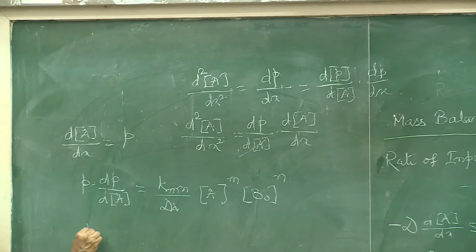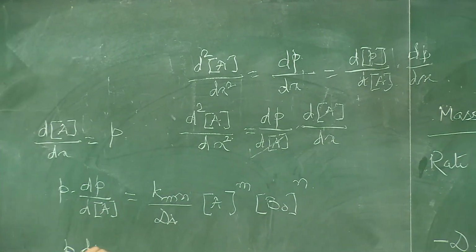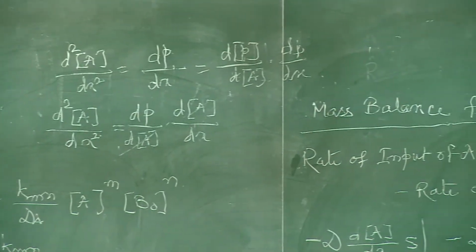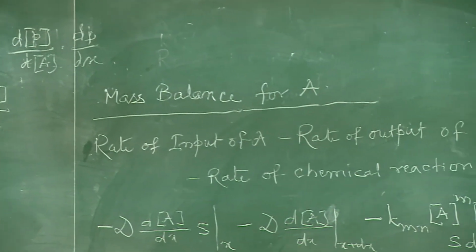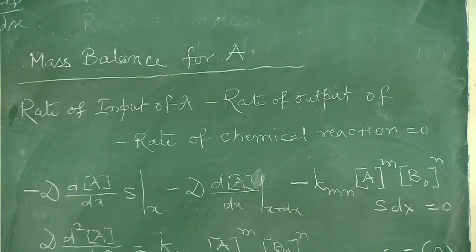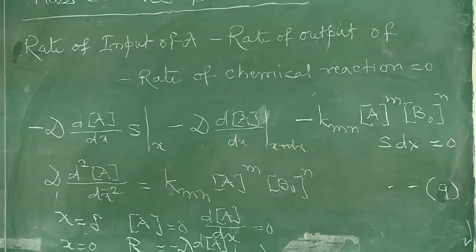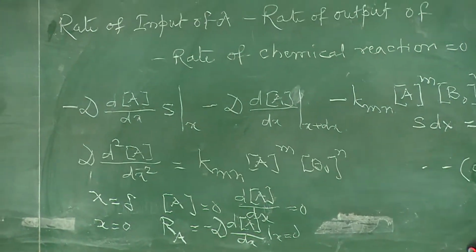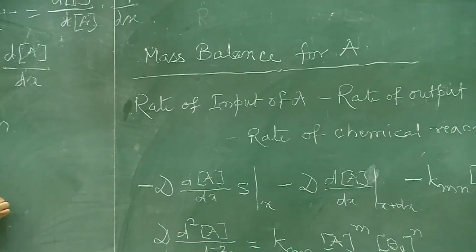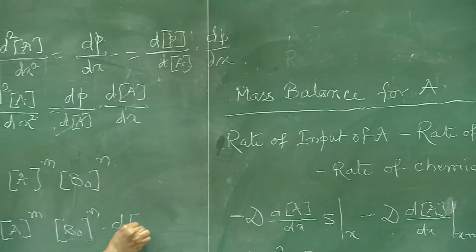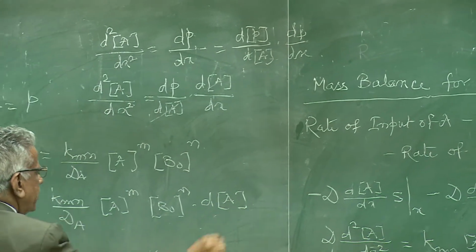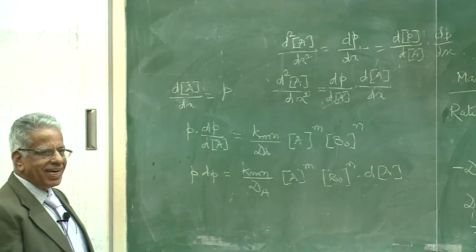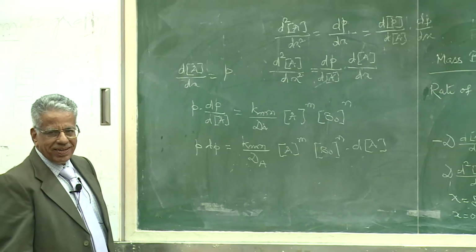So, let me do the integration: P dP is equal to Kmn upon dA, times A raised to m, times B naught raised to n, dA. What is the integration of the left hand side, P dP?